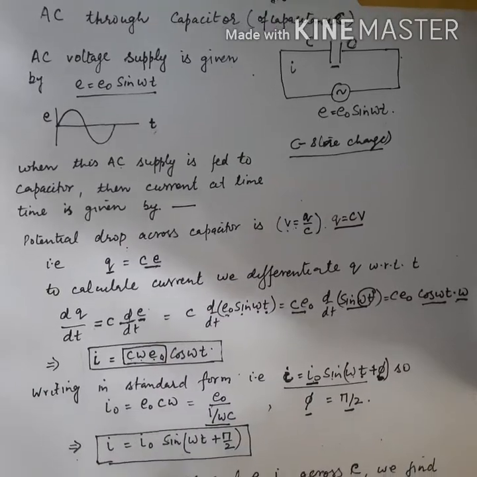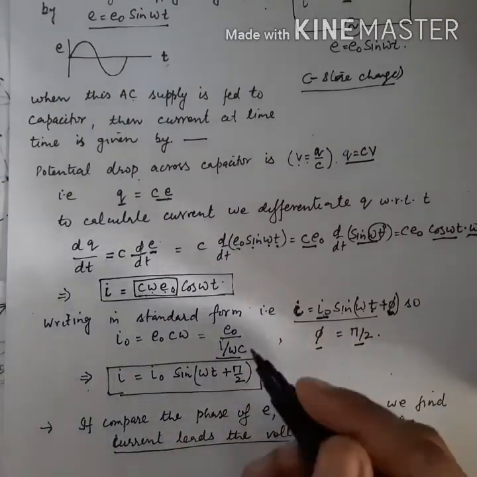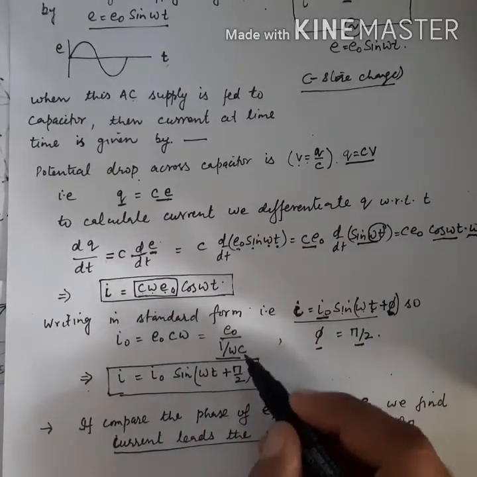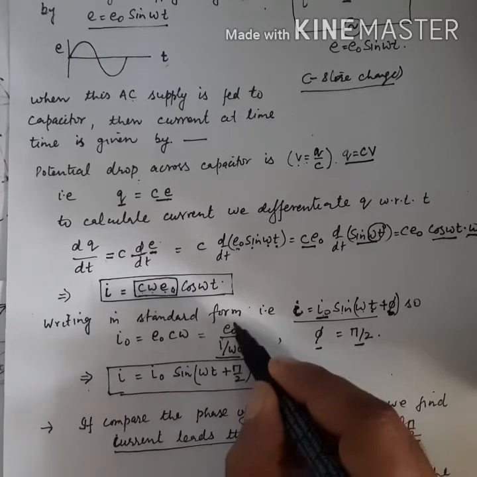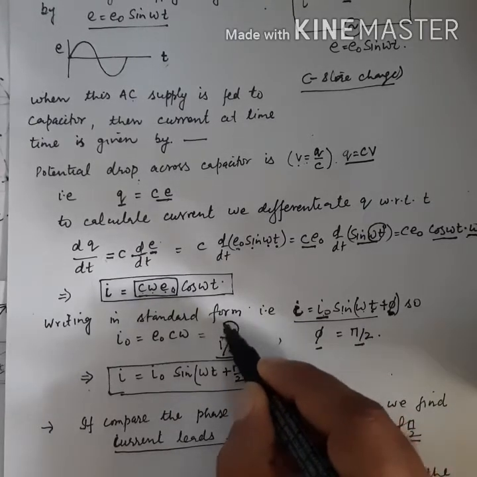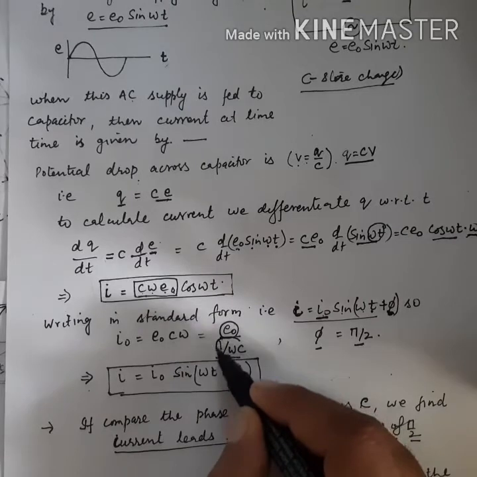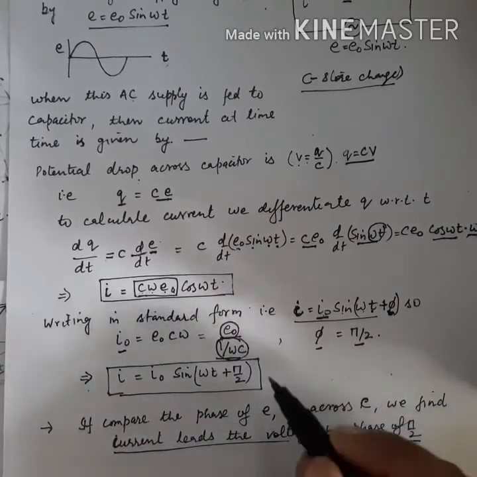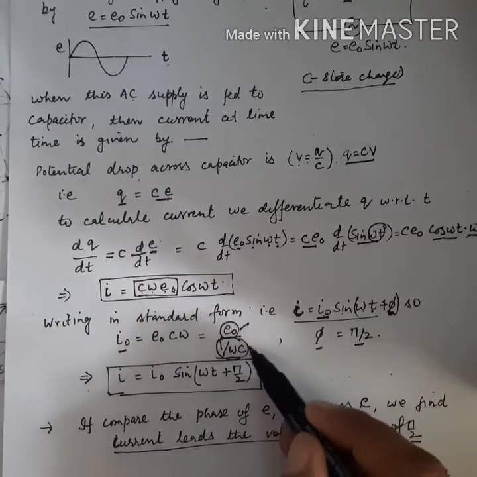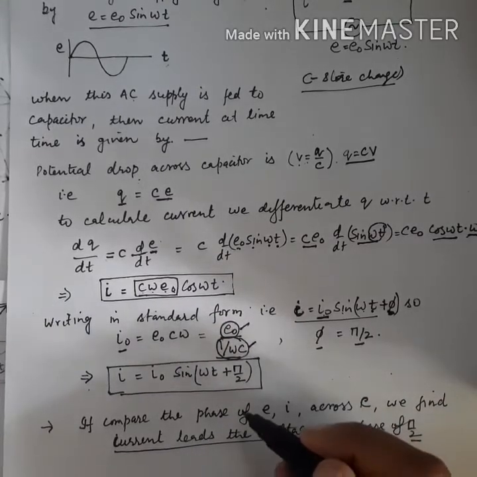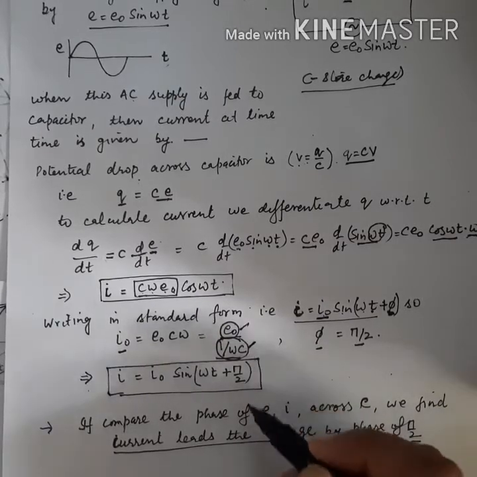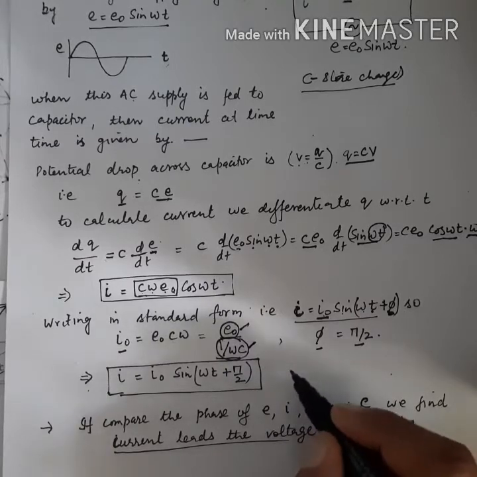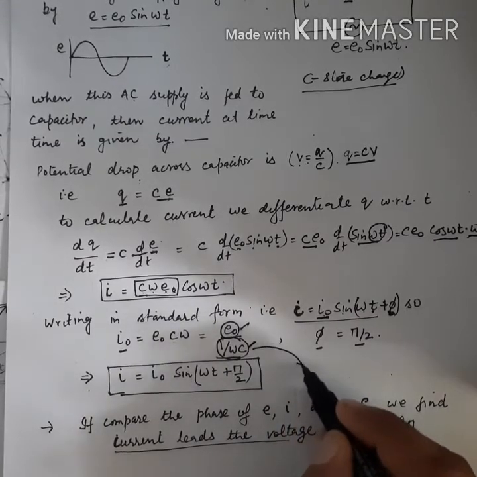Now further, what we got here is that the peak value of the current is equal to the peak value of the voltage divided by something, that must be a resistance or behave like a resistance. So I am going to find out what this is.